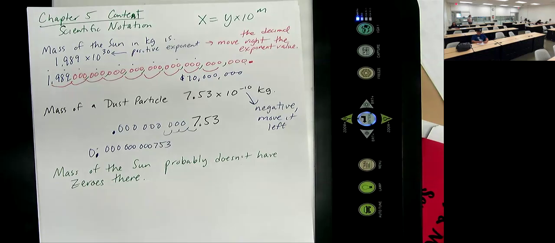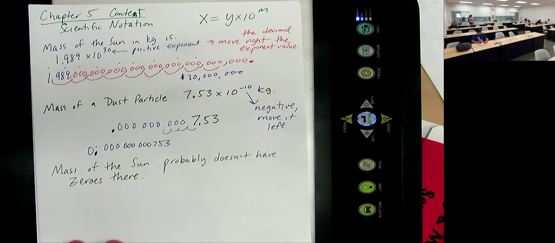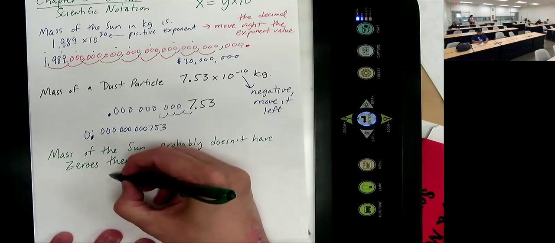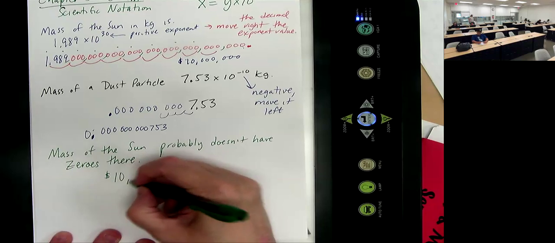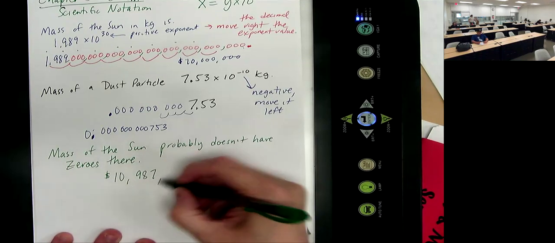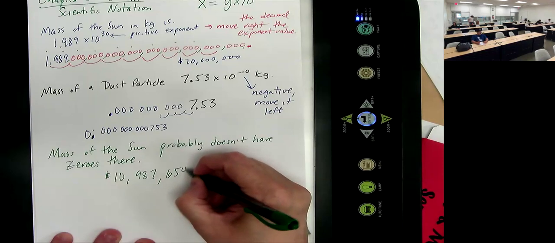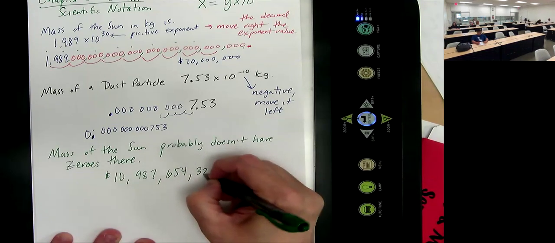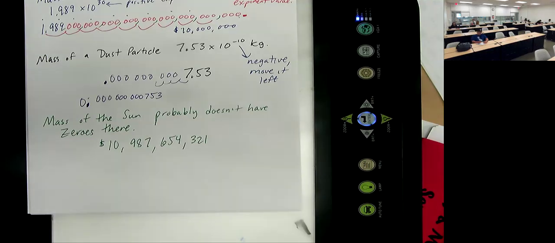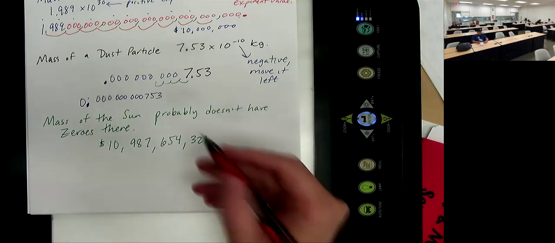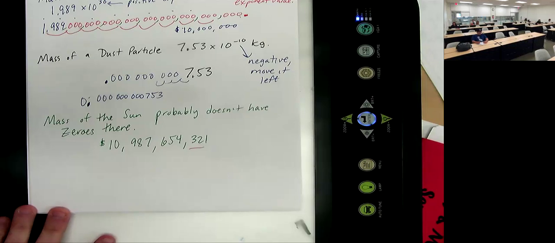But I'm gonna point out to you why we don't care. Let's say you had $10,987,654,321. If you've got $10 billion, do you care about $321? Excuse me, no, you don't. Like that's a snack for you.